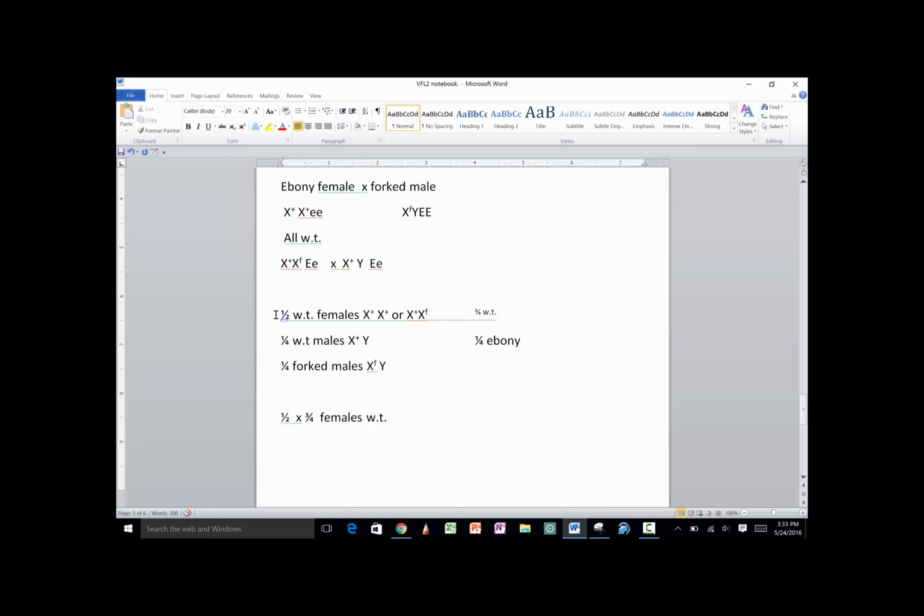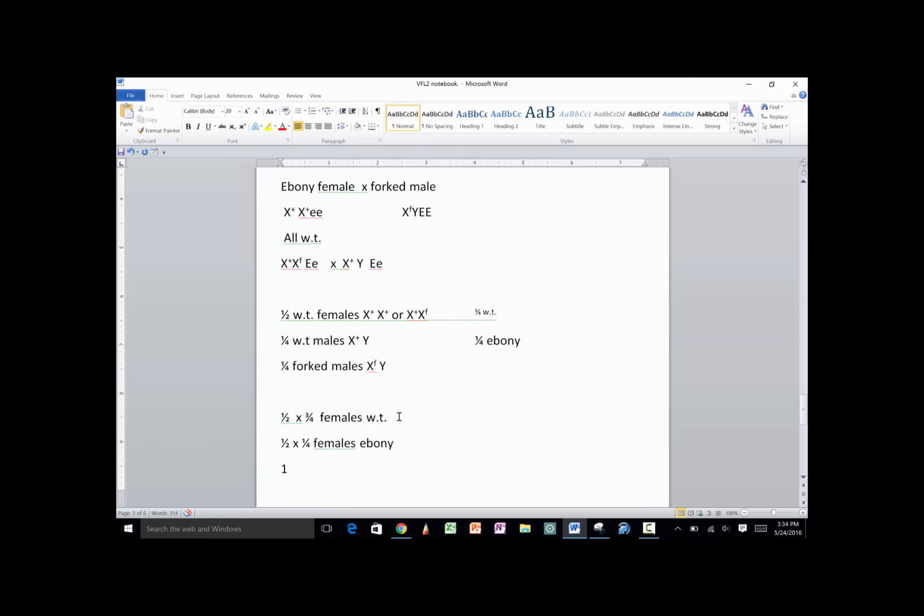We need half to be, so then we're going to take 1/2 wild type females across to 1/4 ebony, is going to be 1/2 times 1/4. These are wild type females that are also ebony.